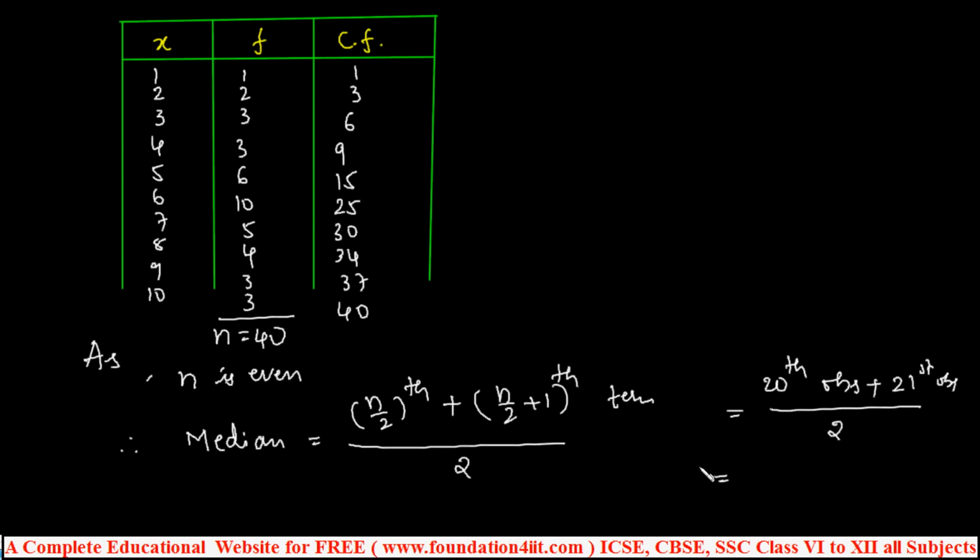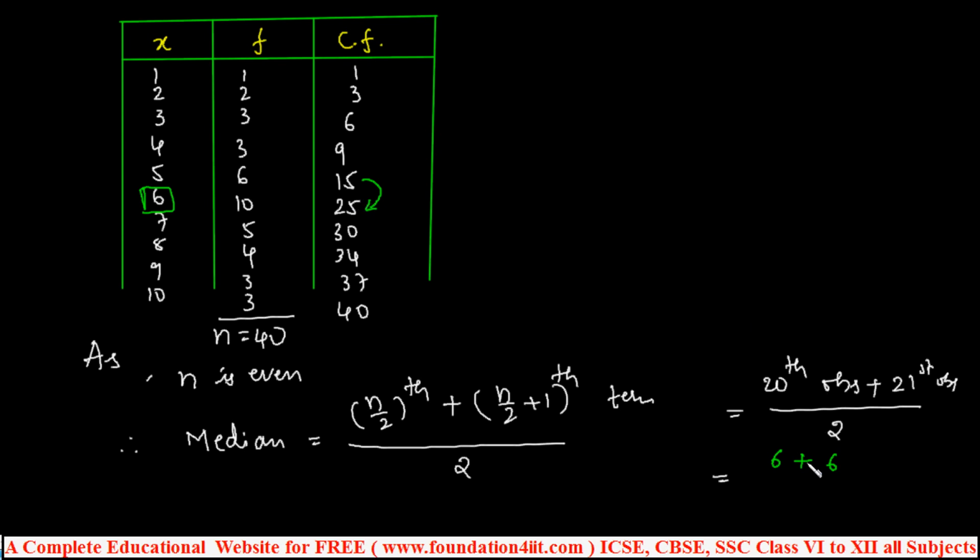The 20th observation comes after 15, so the x value there is 6. The 21st also comes after 15, before 25.